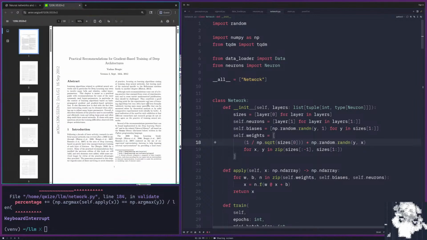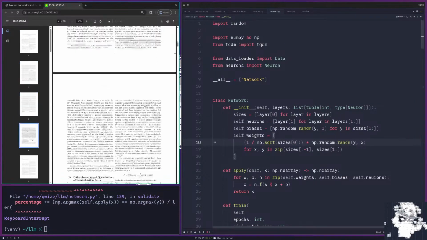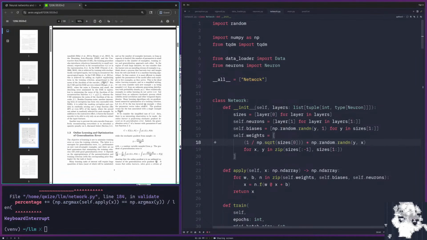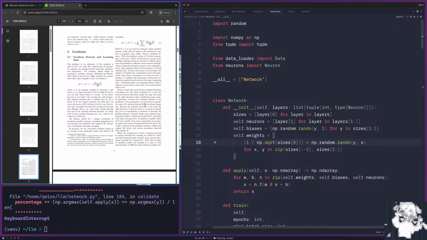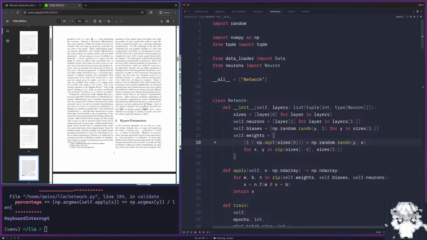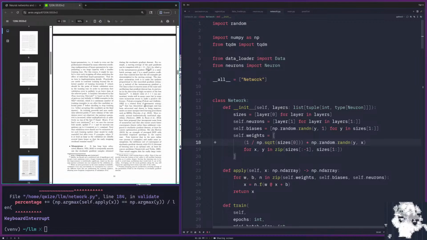Does this paper have an easier weight initializing thing? Where is weight initialization?